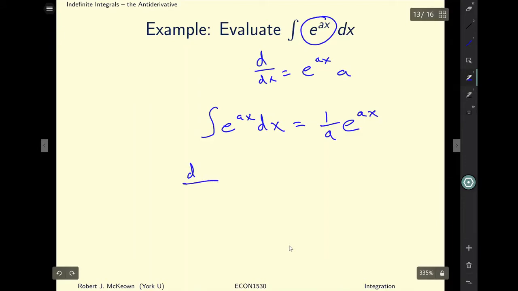If I wanted to take the derivative with respect to x of that, I would get 1 over a, e to the ax, times a, which is equal to e to the ax.